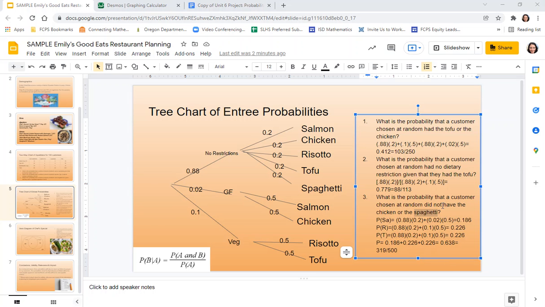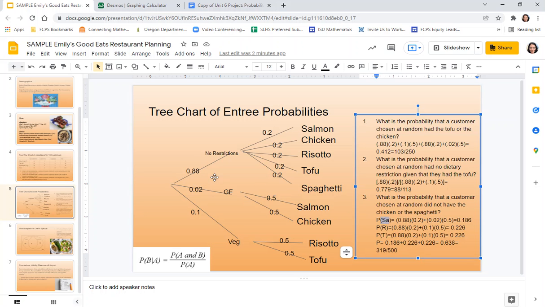I could have found the probability that they had chicken or spaghetti and subtracted that probability from 1, but I just chose to go a more direct route and find the probability that they had one of the other entrees. So I found the probability of salmon, the probability of risotto, and the probability of tofu, and then I added those probabilities together. Remember, for each of these entrees, there's more than one way they could have chosen it.